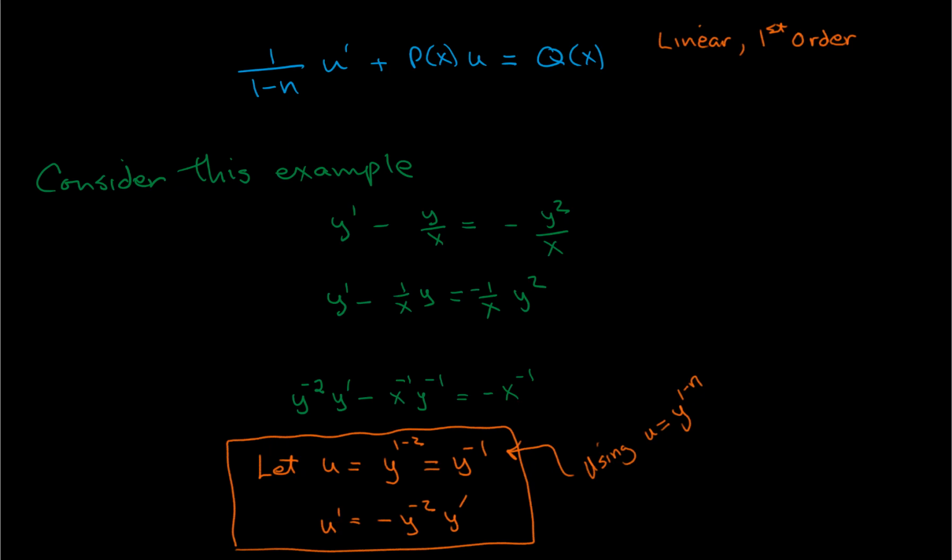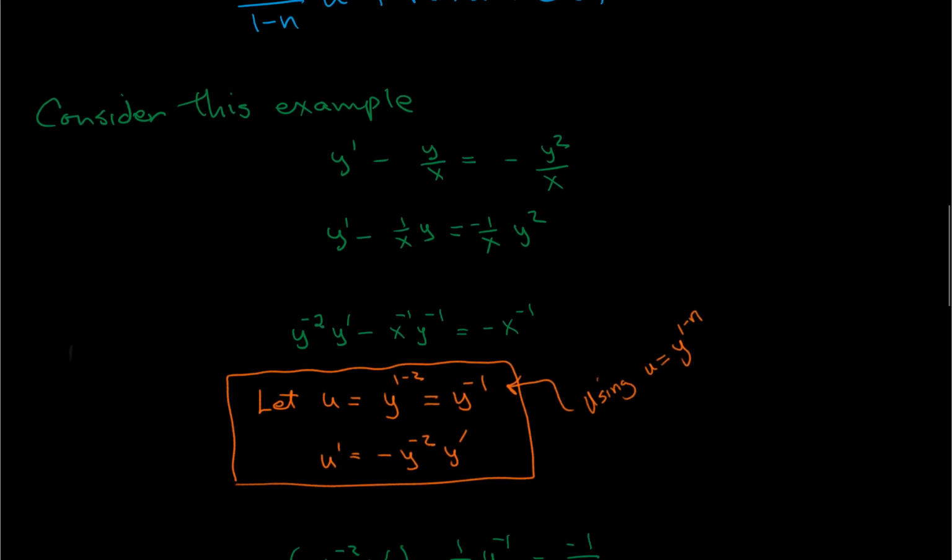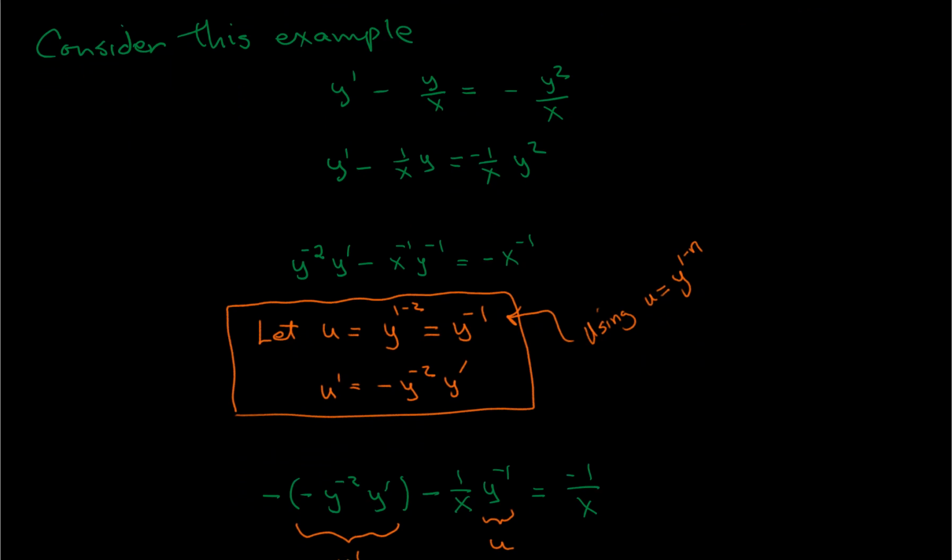As an example of how to apply this, let's take a look at the following. Let's say you have the equation y prime minus y over x equals minus y squared over x. This can be rewritten as 1 over x times y, and here it's going to be a minus 1 over x times y squared.